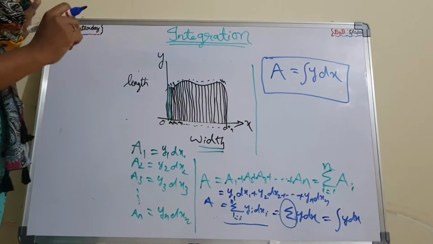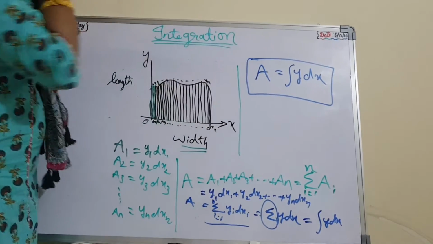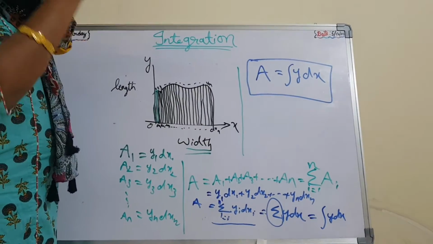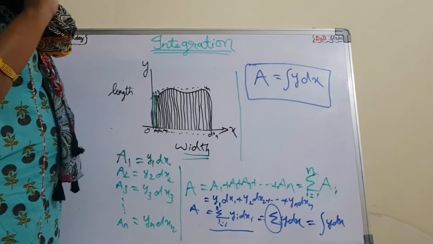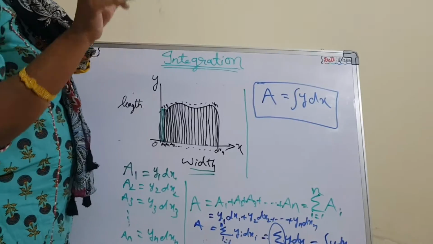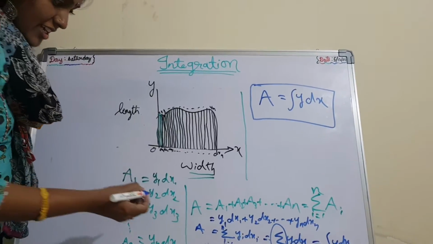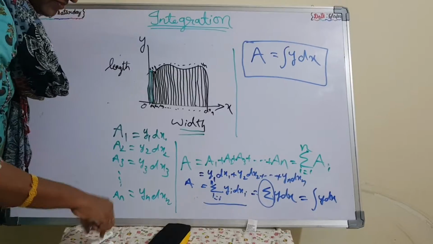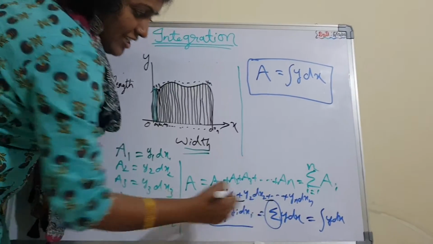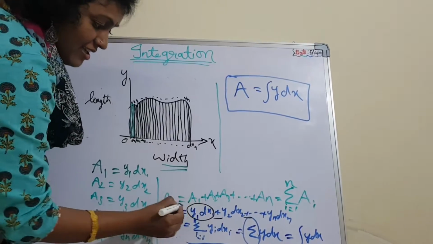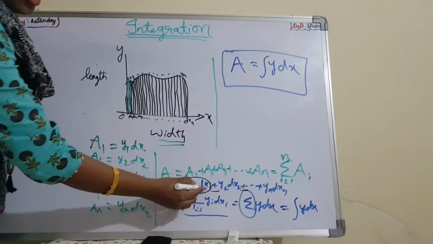In the previous video I told what differentiation is: difference and division. And another group I told: addition and multiplication. Now what are we doing here? We are doing addition, no? And also we are doing multiplication, y into dx.